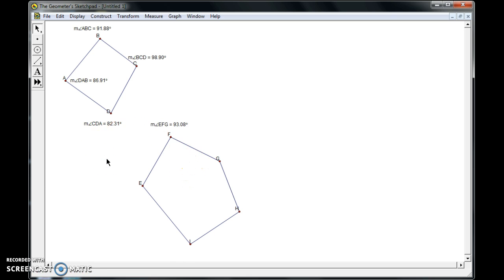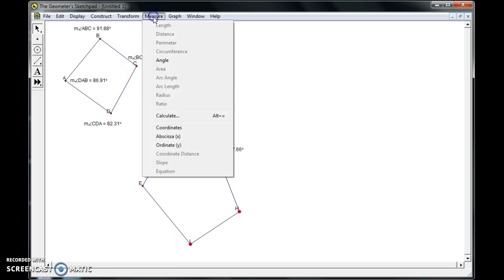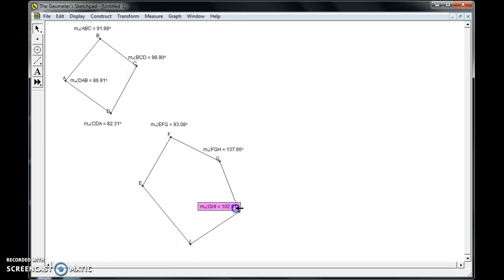93.08. My next angle is angle F, G, H. And the measurement of that angle is going to be 137.66. Next, we're calculating the measurement of angle G, H, I. So the measurement of that angle looks like is 102.81.